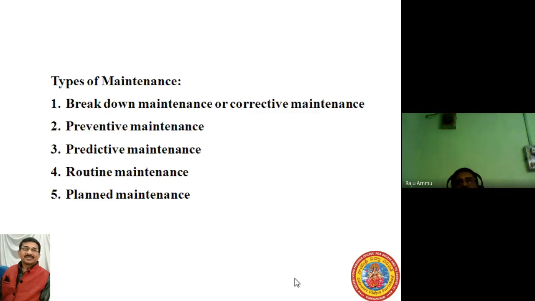Now, what does this achieve actually? The breakdown maintenance, what does this achieve? They do one task. First thing, they quickly make it possible that the particular machinery is in working condition.